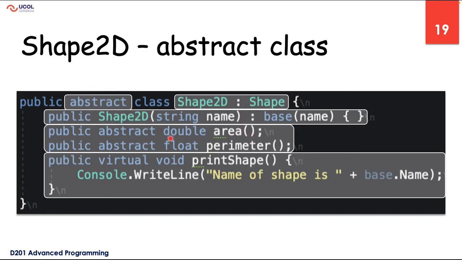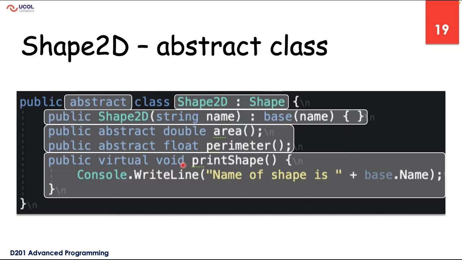So for the non-abstract classes, they must implement these two methods, or we can make them also abstract. Okay, so they need to provide the implementation detail. If they are non-abstract classes which are the child of the Shape2D, they must implement these two methods. For the virtual method, they may or may not. They can change the implementation detail of this virtual method, or they can just leave it like this.